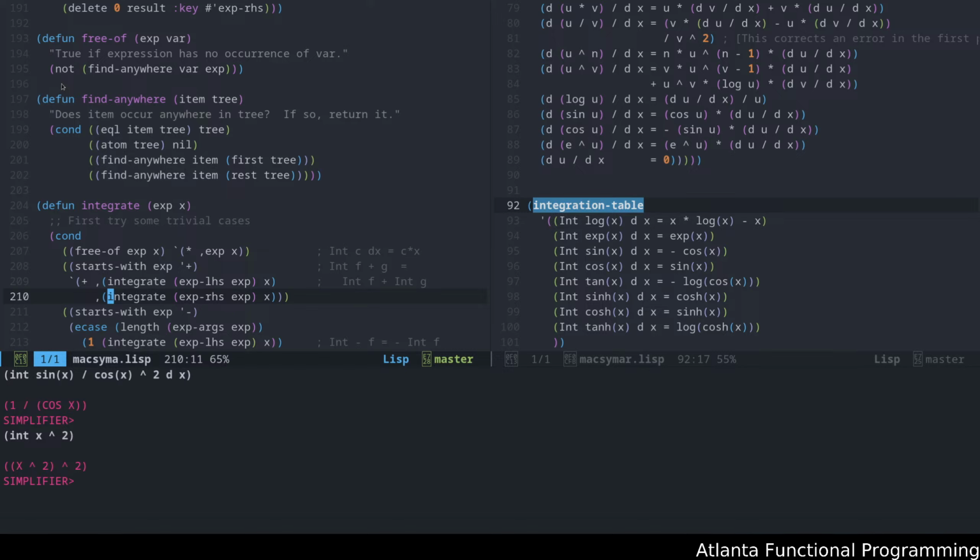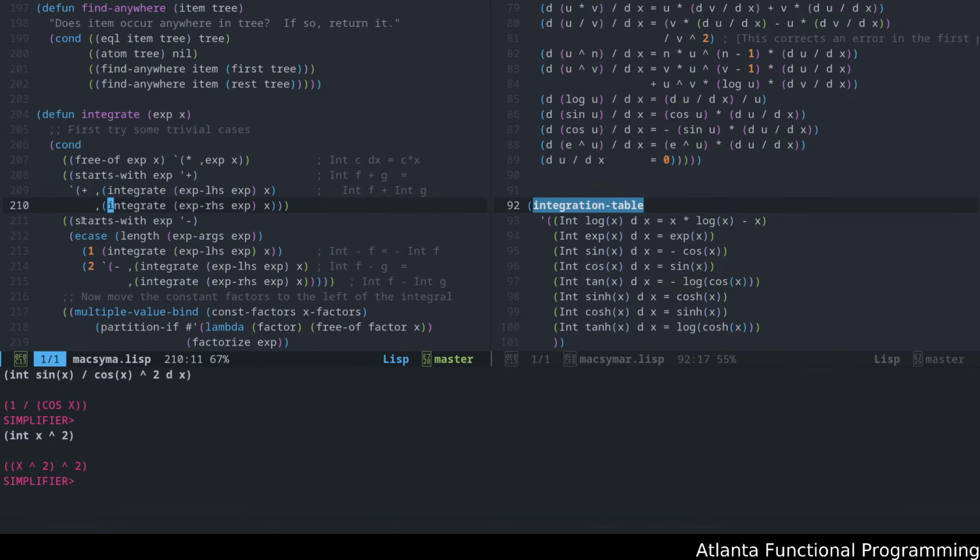A free of just checks that we are dealing with an expression where we don't have any variables in it. And then we have this search function called find anywhere, that goes through and checks to see if a particular expression occurs anywhere in the given tree, and that's what's actually leveraged in integrate.